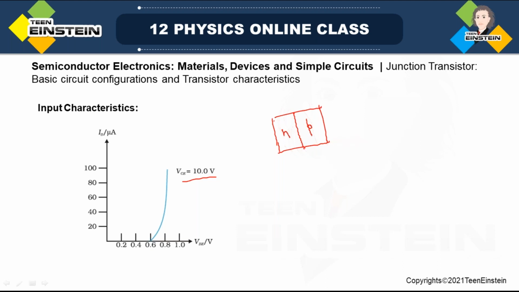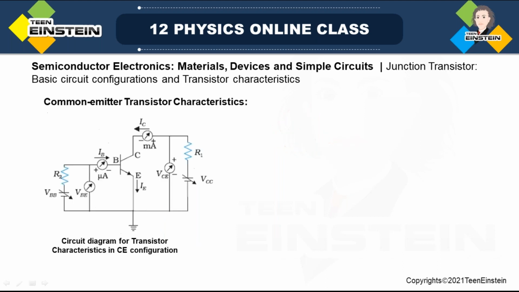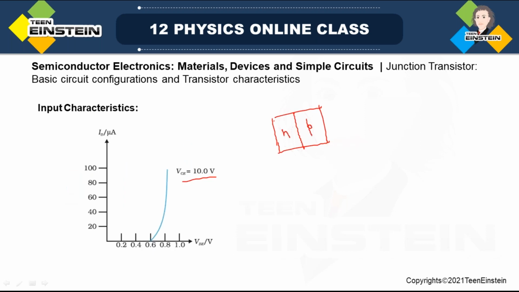And you can see this BE junction has been forward biased, because the base is P-type semiconductor, and the P side is connected to the positive terminal of the battery.